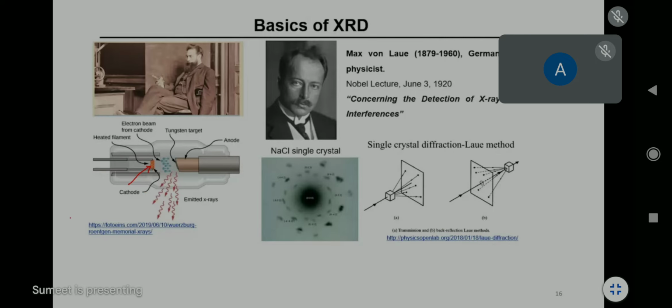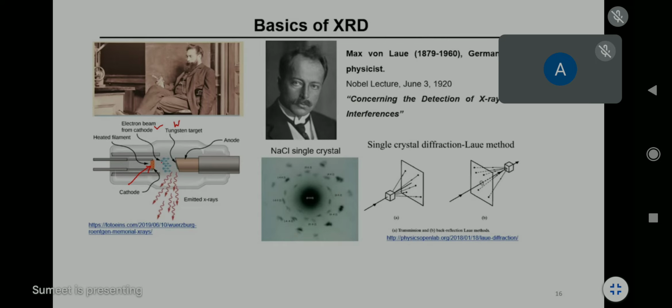A similar type of coil is used here, and you heat that filament by supplying electricity to it. When you supply a very high voltage, the filament gets heated up to a temperature where it ejects electrons. These are the electron beam, the electrons ejected from this filament, which strike a target, here tungsten metal placed.